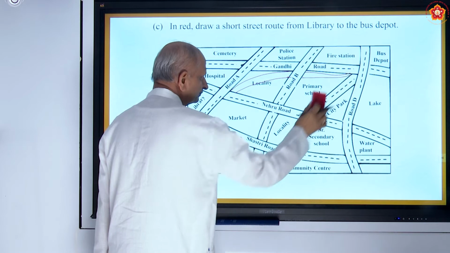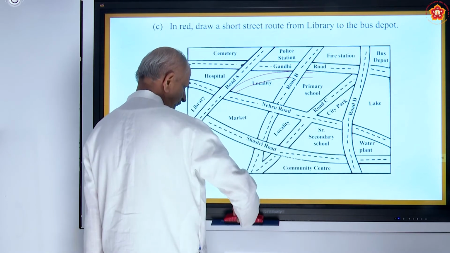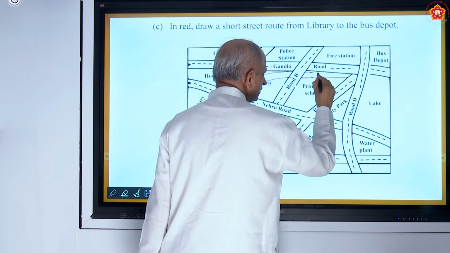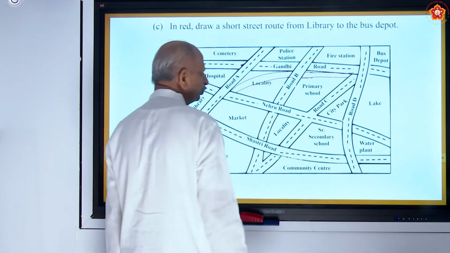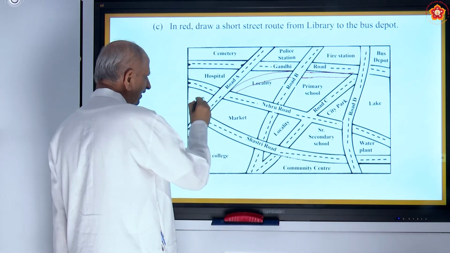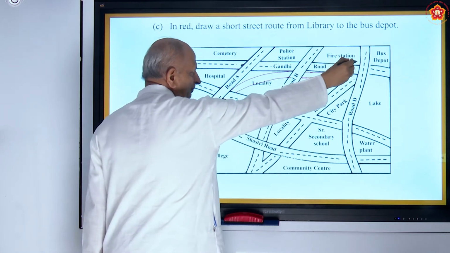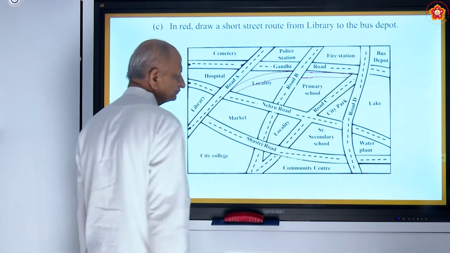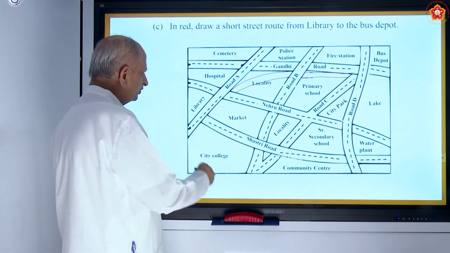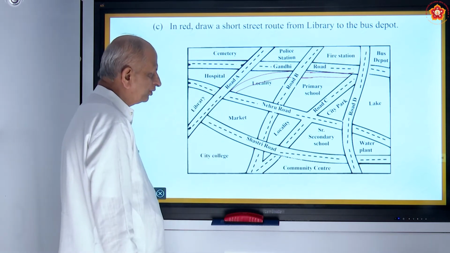Something like this. A new route we have created now, from library to bus depot. Without crossing this road, we are not supposed to cross this road.